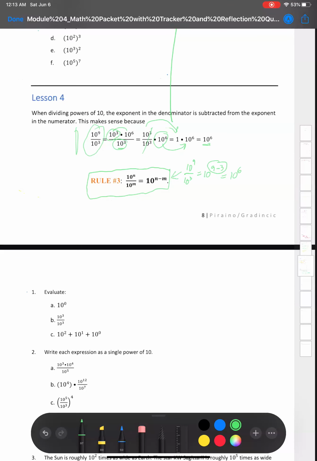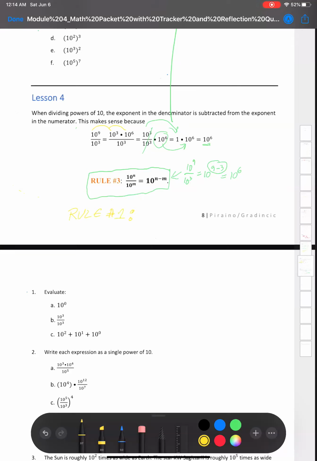How do we know that 10 to the 9th is going to be equal to 10 to the 3rd times 10 to the 6th? Well, that's because of our rule number 1, right?